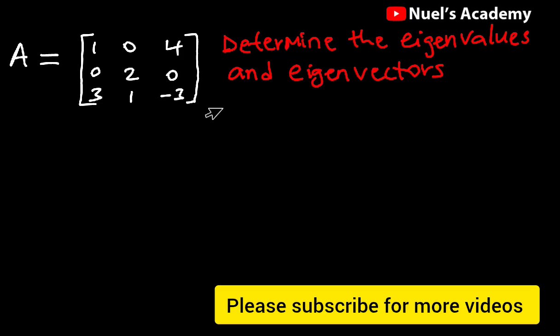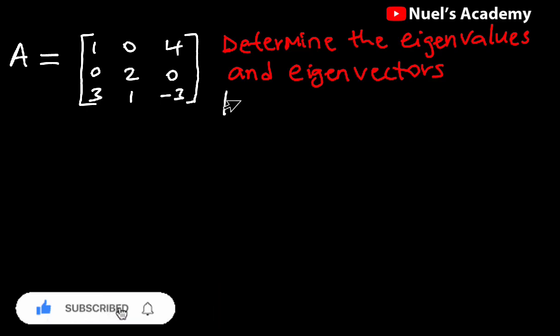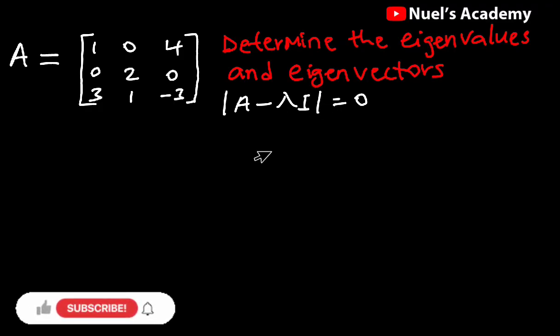Now, we are going to determine the eigenvalues first. The formula for eigenvalues is the determinant of matrix A minus lambda times the identity matrix equals 0. Now we are going to apply this equation to this matrix.